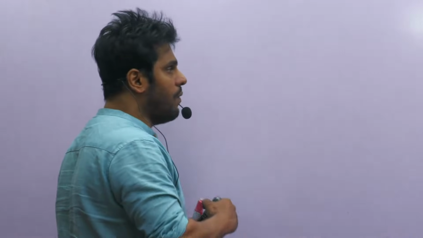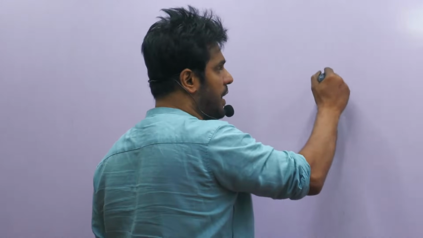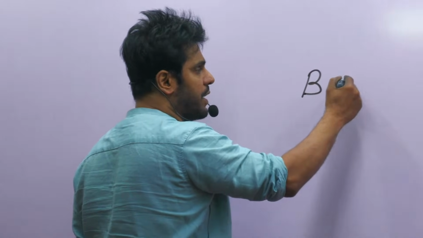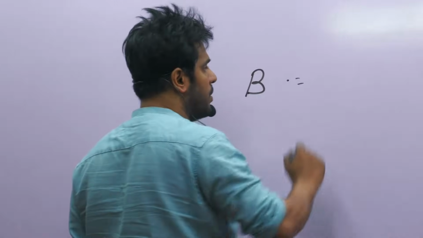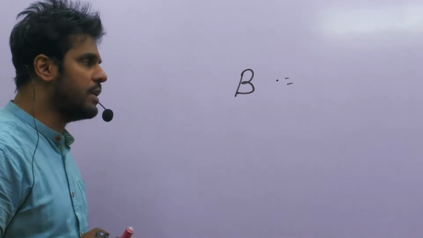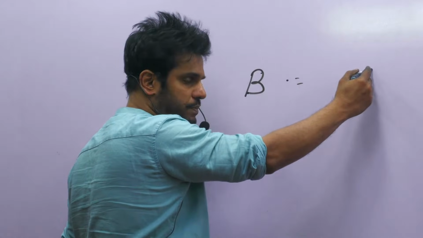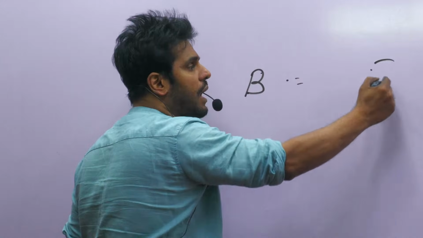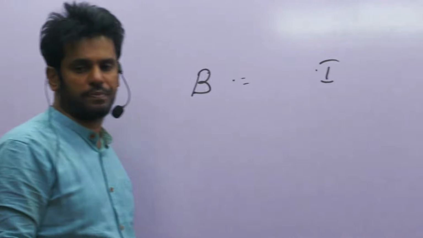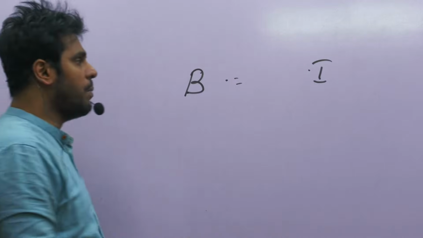Now this is the theorem. Always magnetic field is generated by current I, so when you write the equation, B is directly proportional to I. So always I comes up above the line.